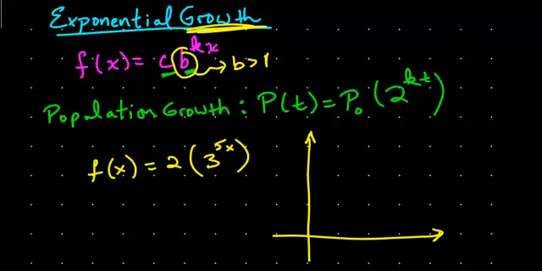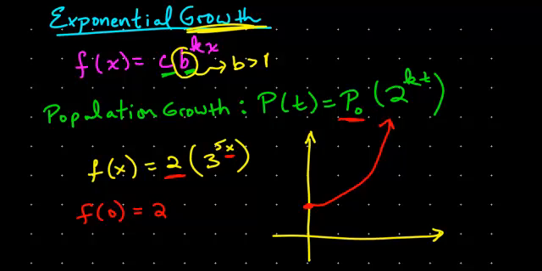To see why, when x is 0, f of 0 is going to equal 2, because when you put the 0 in for x, you get 3 to the 0, which equals 1. That's why in the population growth, that p naught gives you your initial condition. After that, they're all going to look something like that. Exponential functions get big fast. That's why you always hear people say things are growing exponentially.